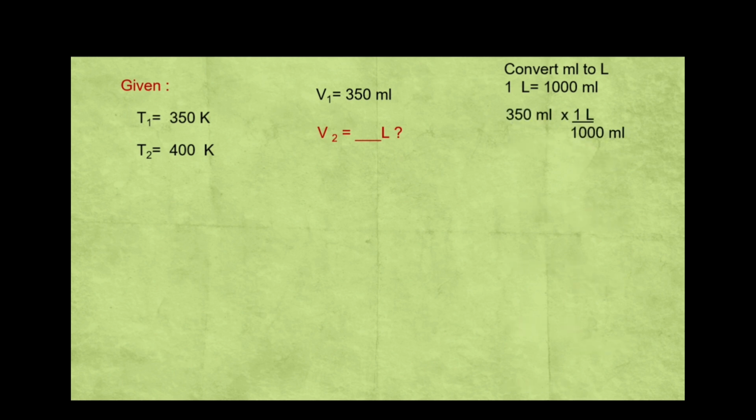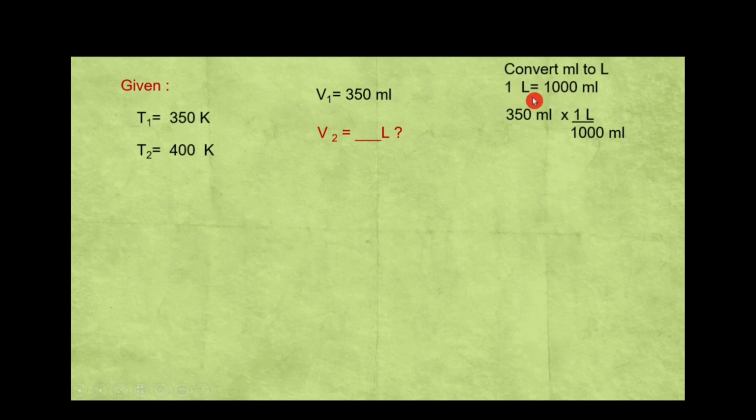So just rewrite the given quantity, that is 350 ml, then we have times and then a bar. Since ml is the given unit, that will be the unit on the denominator. You are asked to solve for liter, so that's why we will have it on the numerator. Then just copy the value from the conversion factor.